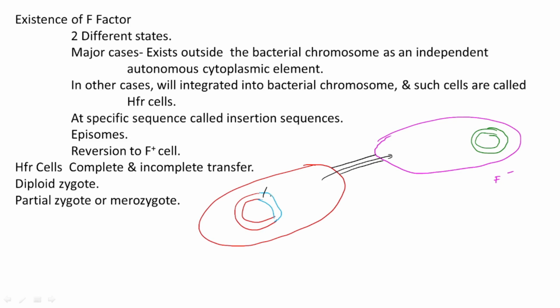So one strand begins to migrate to the other bacterial cell, and it reaches here. Then it acts as a template for the generation of the other strand, and in the rolling circle method, unidirectionally, the other strand also forms.